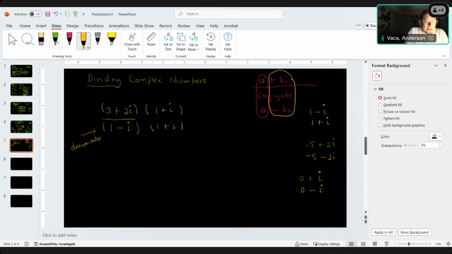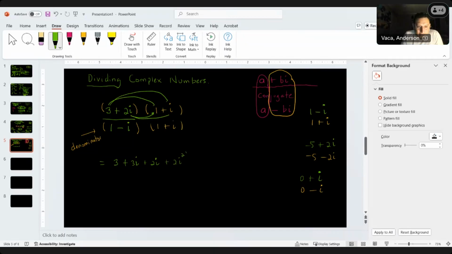All right, so what does this look like? Let's first do the numerator. We have the first terms, so 3 times 1 is 3. Then I multiply the outer terms: 3 times i gives us 3i. Then 2i times 1 is 2i. And then 2i times i is 2i squared.